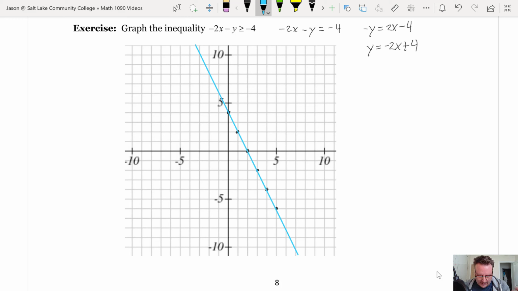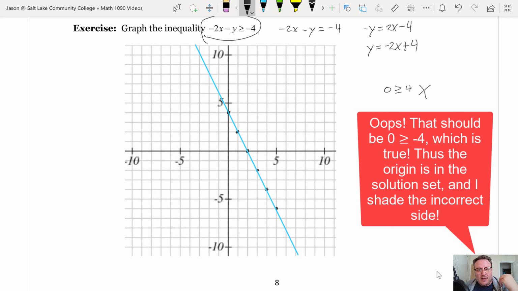And again, we'll use a test point. So I'm plugging the test point now into the original inequality, and when I plug in 0, 0 for x and y, I get 0 minus 0. Is 0 greater than or equal to 4? No. So the origin does not satisfy the inequality.